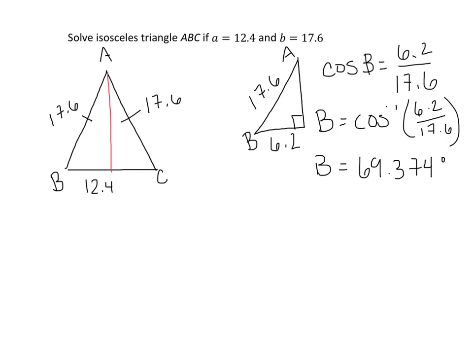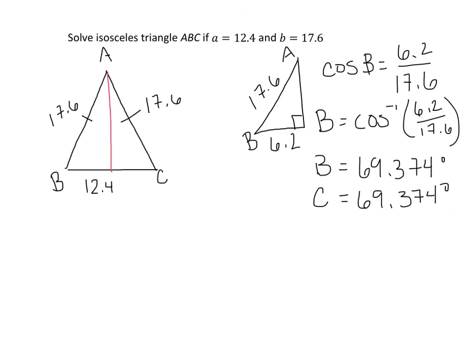Because this is isosceles, angle C will also be equal to 69.374 degrees. The reason I know this, side B and side C are congruent, therefore angle B and angle C must also be congruent.